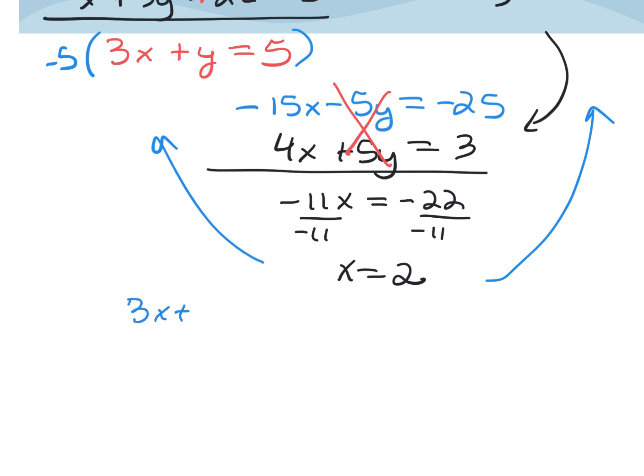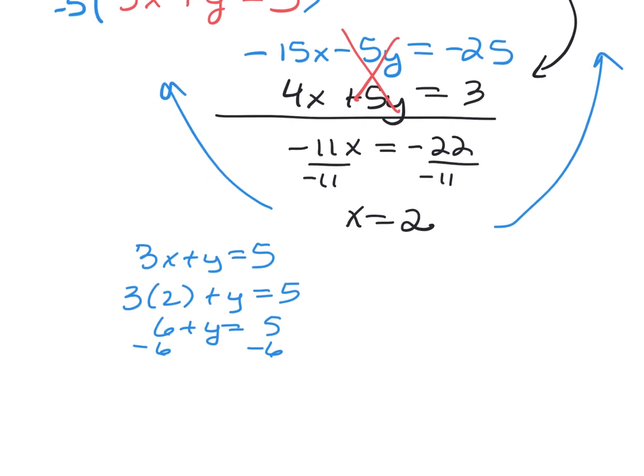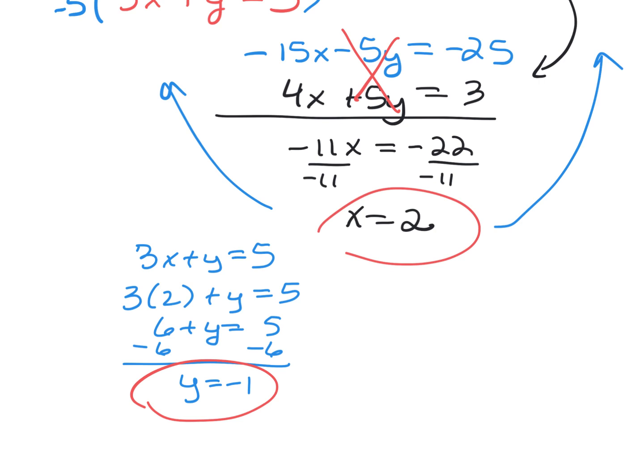So 3x plus y equals 5. I'm plugging in x equals 2. This time I'm solving for y. Subtract 6, and y equals -1. Now that you have the value of 2 of your variables, we're going back to the beginning and we're going to plug in and solve for z. I'm going to choose the first equation, x minus y plus z equals 4.